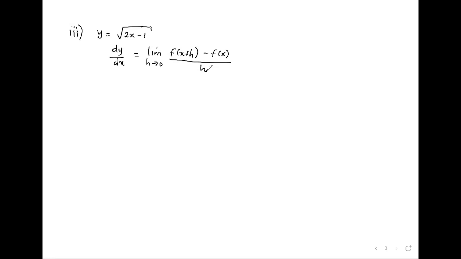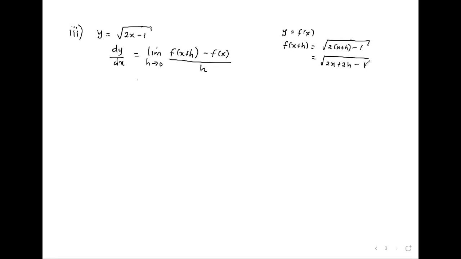Then, if y is f of x, then what will be f of x plus h? It will be the root of 2x plus h minus 1, which is the root of 2x plus 2h minus 1.